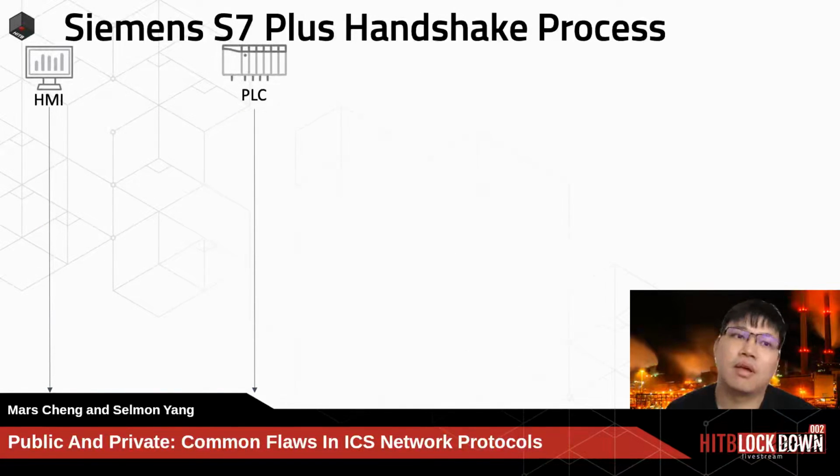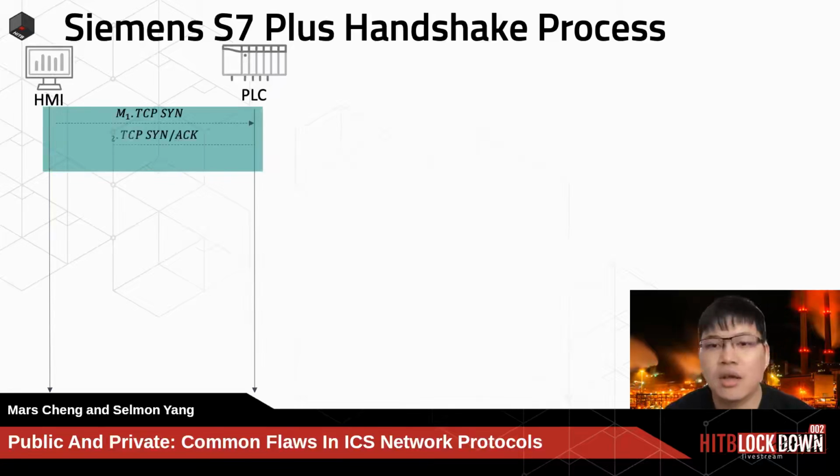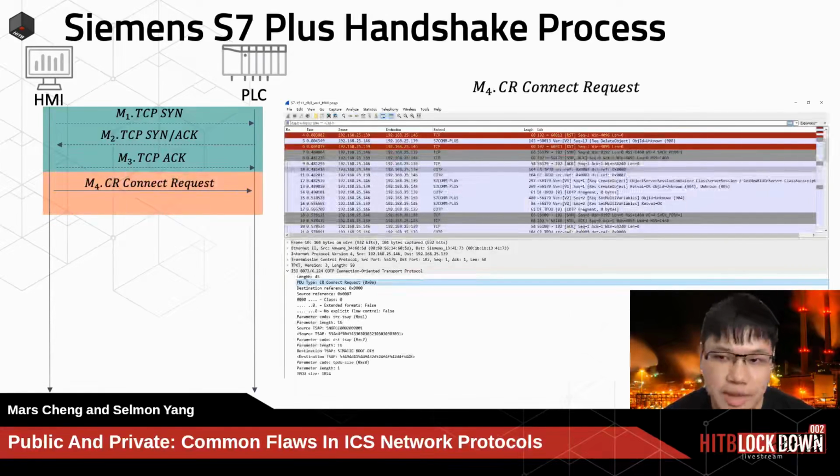Okay. And then we talk about what came after the S7 protocol: Siemens S7 Plus, hoping to improve the security of the protocol. So there has been a considerable change in the handshake process of the protocol. In S7 Plus, there is a basic known way to obtain information related to the transmission of data or the function code used.